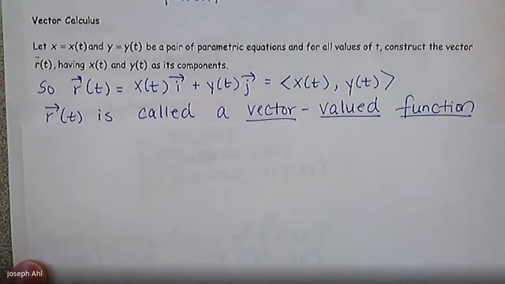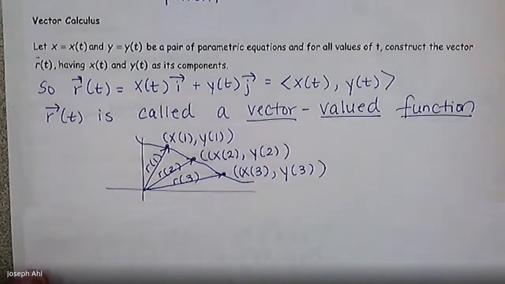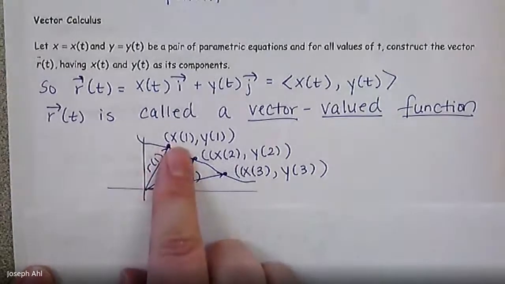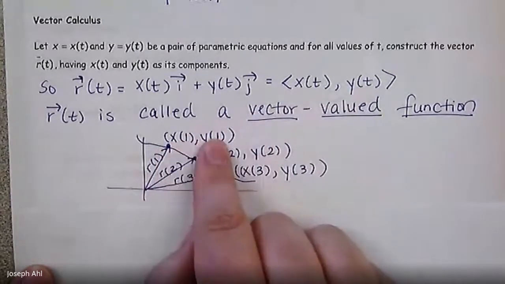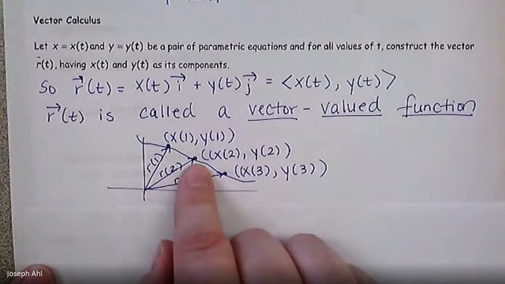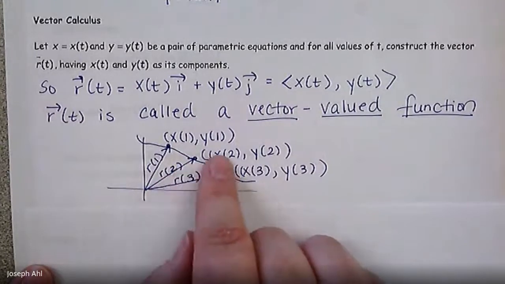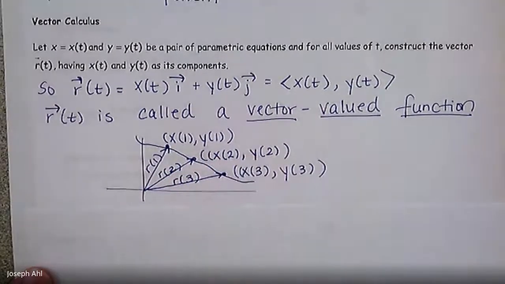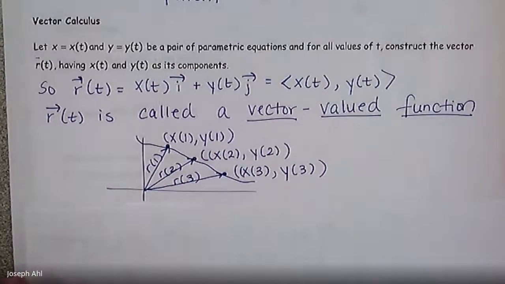So you'll see that language used at times, a vector valued function. And essentially, if you were to calculate r of 1, it would correspond with this pair of parametrics, whatever x of 1 and y of 1 are. And r of 2 very similarly would be this vector that has horizontal and vertical components defined by x of 2 and y of 2, and so on and so forth.